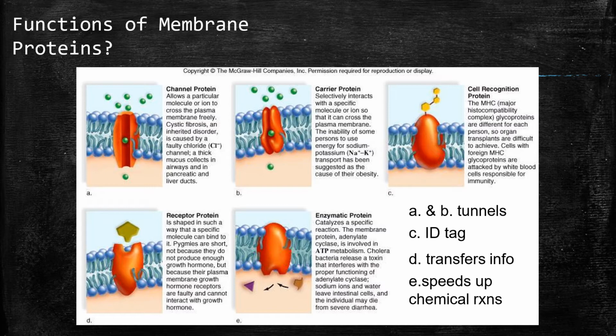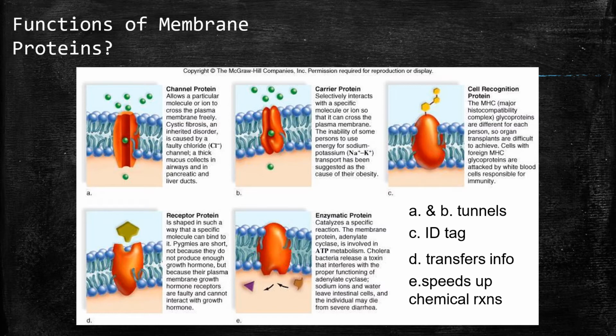C is a cell recognition protein. This basically acts to ID the cell, kind of like a fingerprint of a cell. Different cells have different cell recognition proteins. And then D is our receptor protein, and this transfers information.